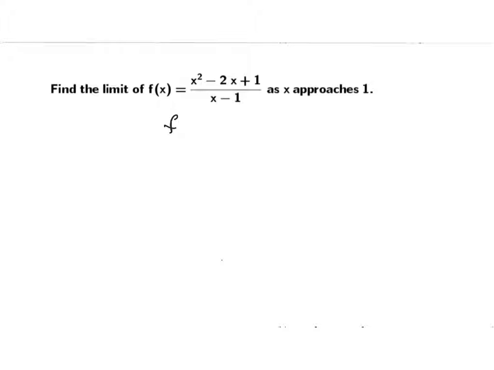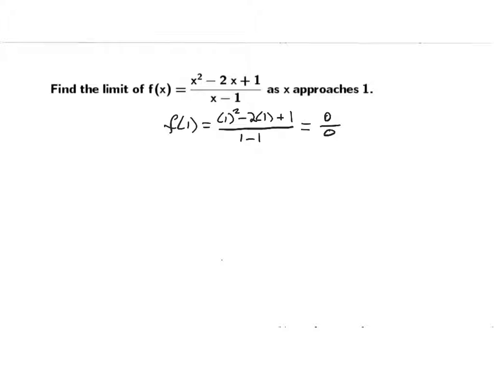So f of 1 is going to be 1 squared minus 2 times 1 plus 1 over 1 minus 1. And we get 0 divided by 0. And that is not defined. So we have to move on to step 2.